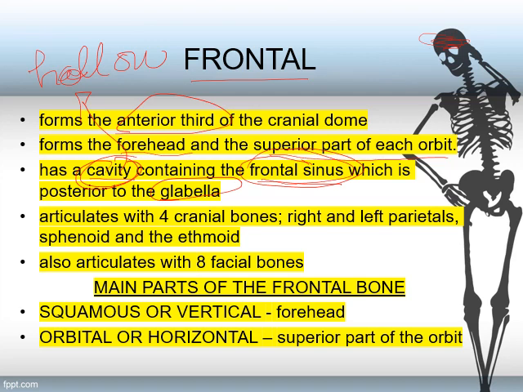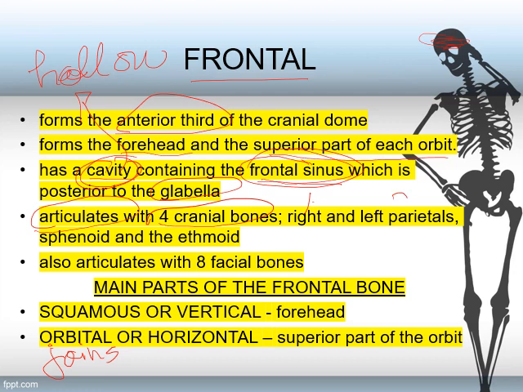But also the frontal bone articulates. When we say articulates, it joins. It articulates with four other cranial bones. Meaning, connected ang frontal bone natin sa right and left parietal bones. So, that is 2. This is 1.